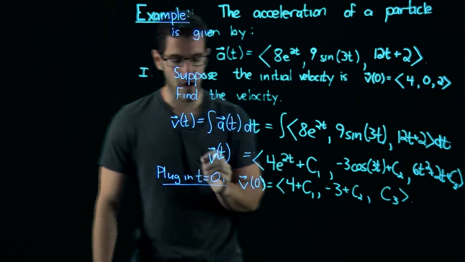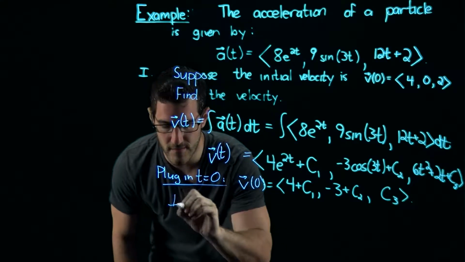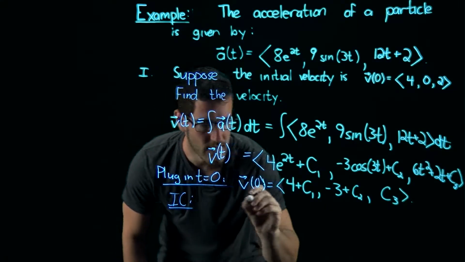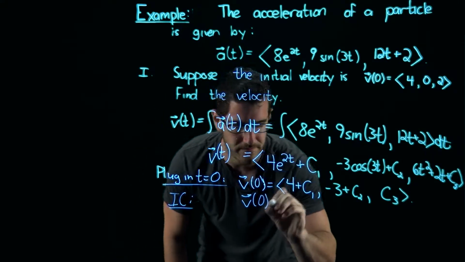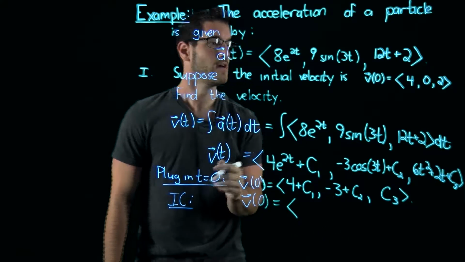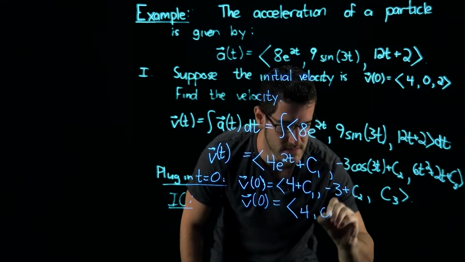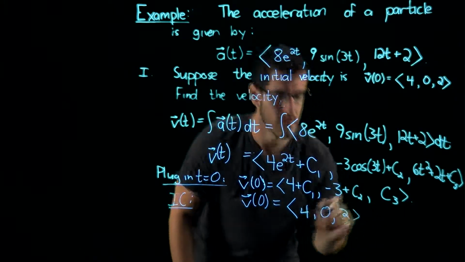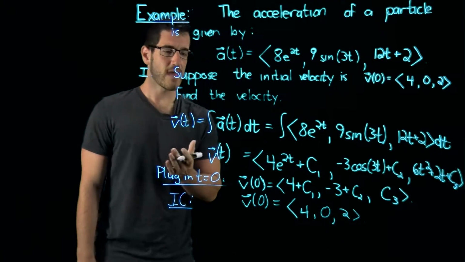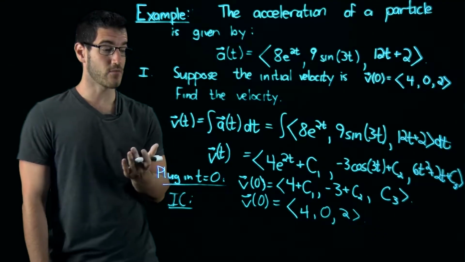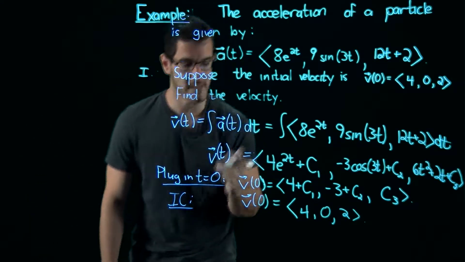But we also know, from the initial conditions, that this v of 0 is supposed to be 4, 0, 2. So the only way that these 2 expressions can be equal is if we set the components equal to each other.